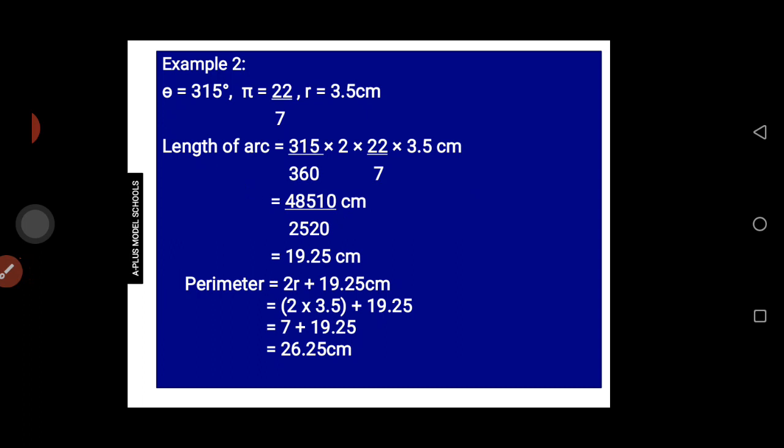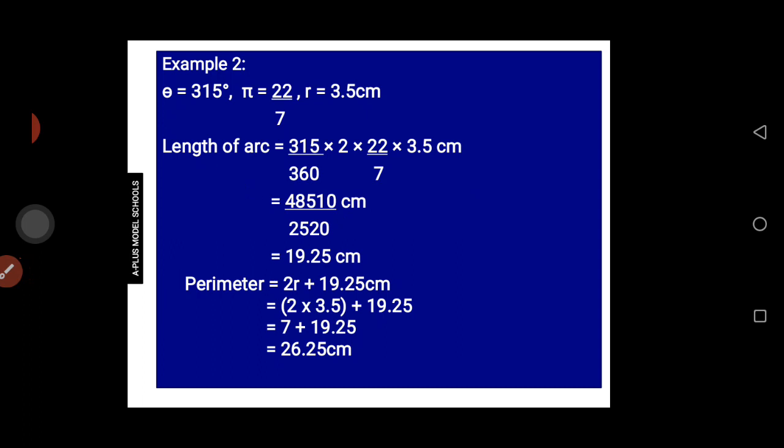That is 315 over 360 multiplied by 2 times 22 over 7 times 3.5 centimeter, where 3.5 is the radius and 22 over 7 is the value for pi. 315 is the value of our theta. So that is 315 times 2 times 22 times 3.5, which will give us 48,510 centimeter. Then over 360 times 7 will give us 2,520. So divide this, you have 19.25 centimeter.